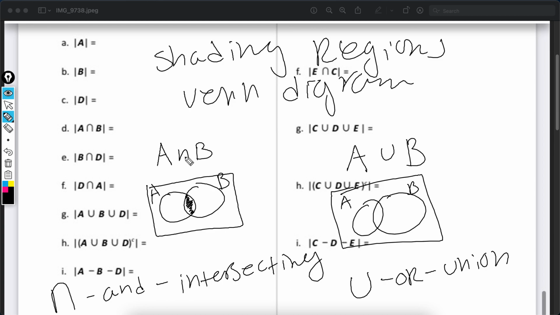So A and B, intersecting, boom, it intersects there. Now A or B, or union, would be the whole thing. You shade in the A, the intersecting portion, and the B.